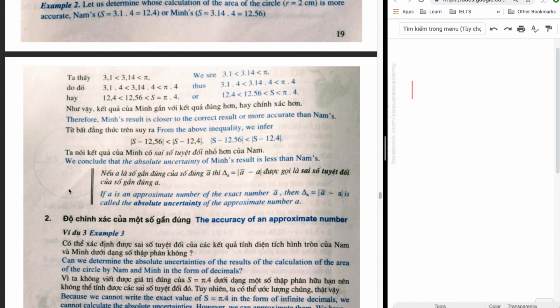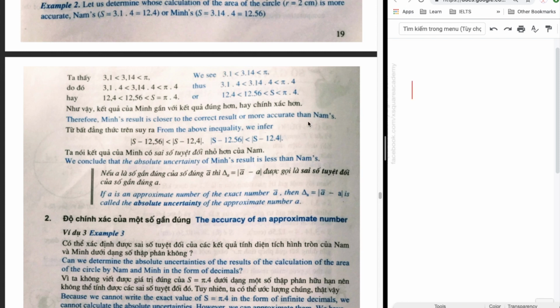And the conclusion: if a is an approximate number of the exact number A, we call delta A equals the absolute value of a minus A the absolute uncertainty of the approximate number a.